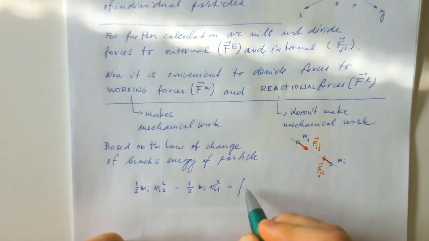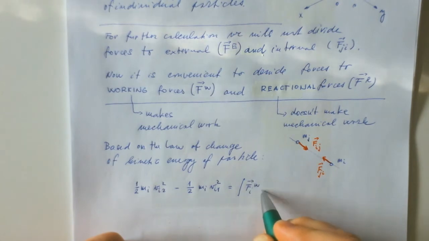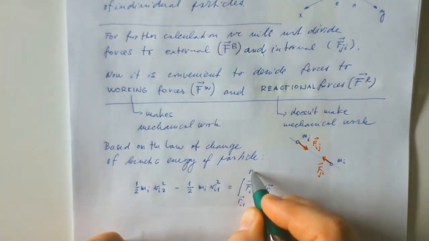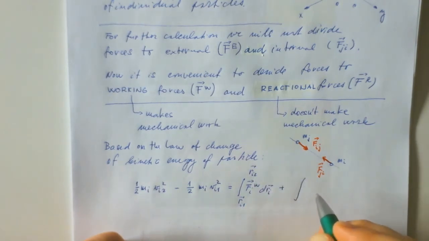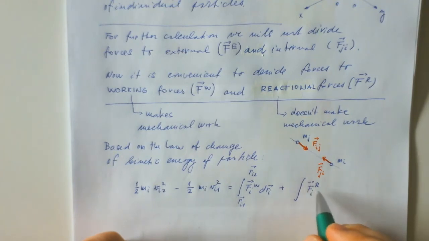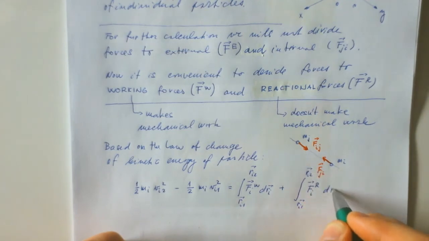So it is integral of Fi working force dr from ri1 to ri2 plus integral of reaction force, it's a resulting reaction force, from ri1 to ri2 dri.